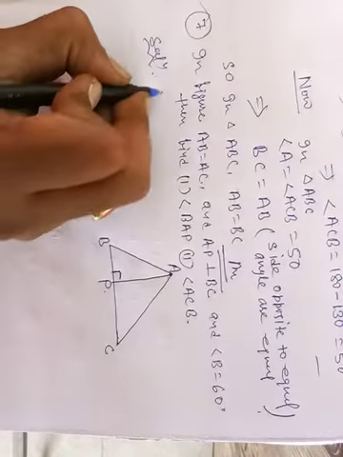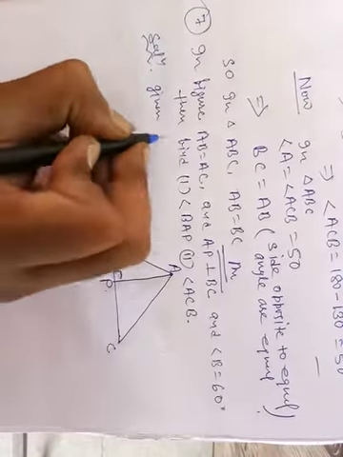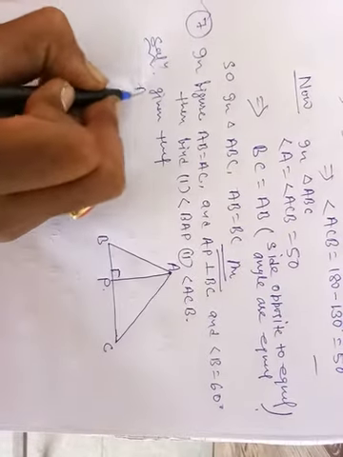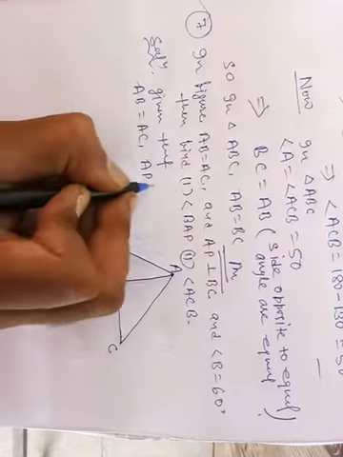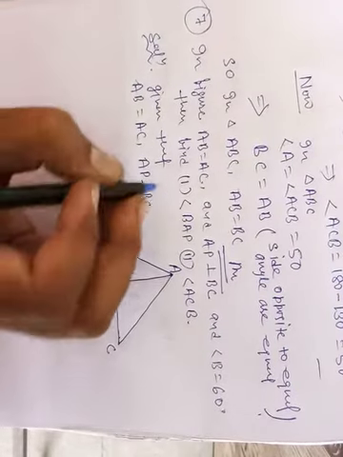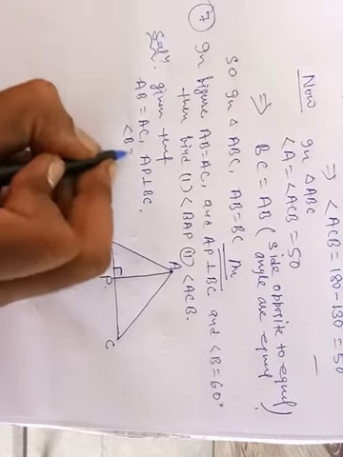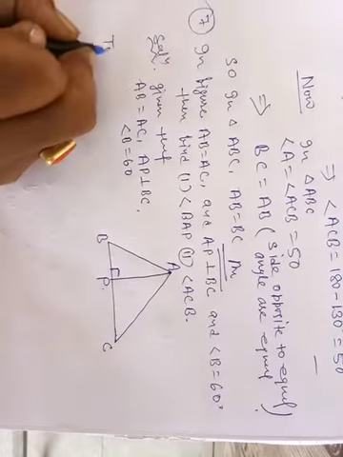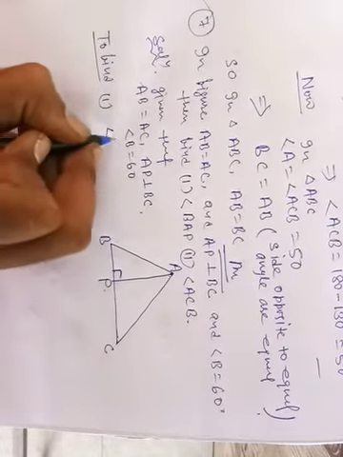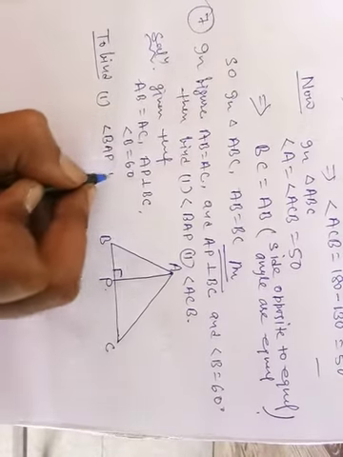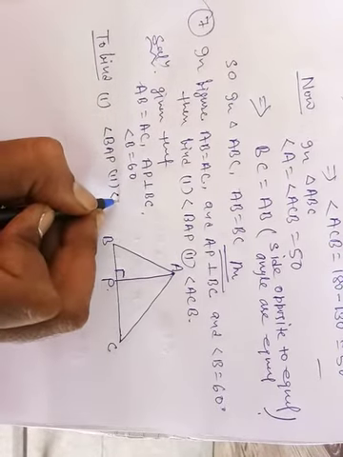Here given that AB is equal to AC, AP perpendicular to BC, angle B is equal to 60 degrees. To find first angle BAP and second angle ACB.